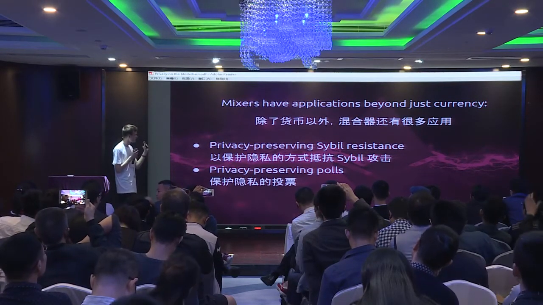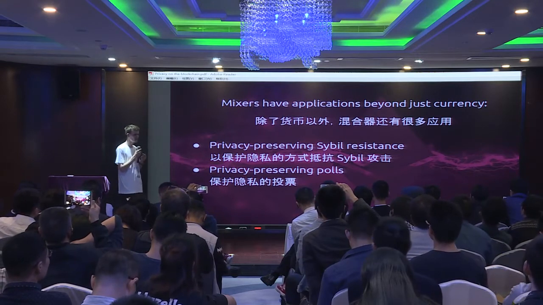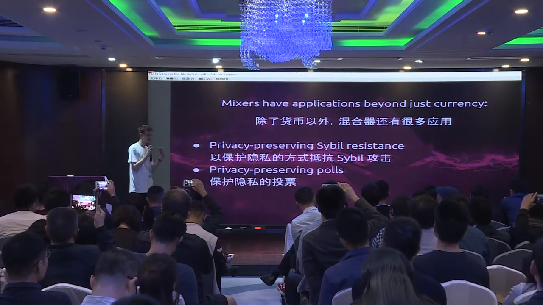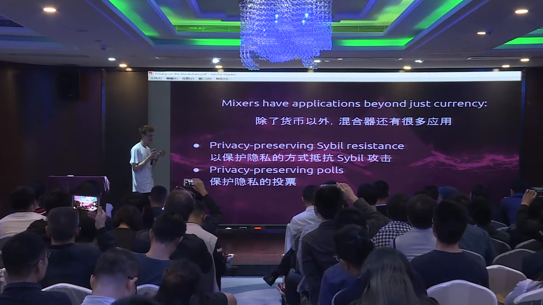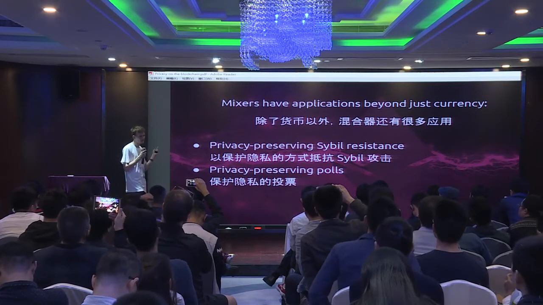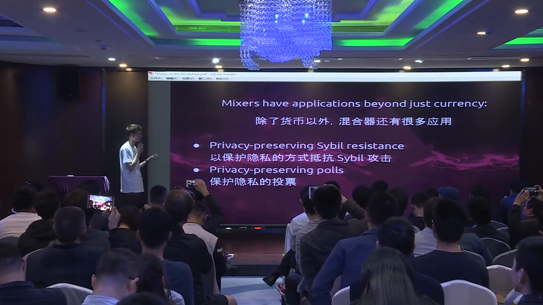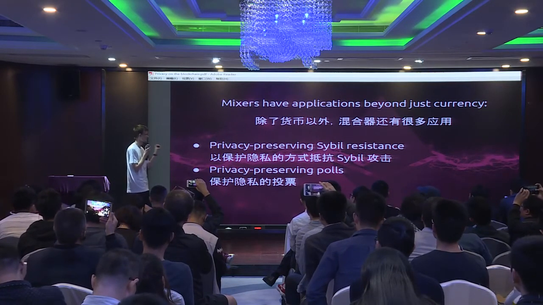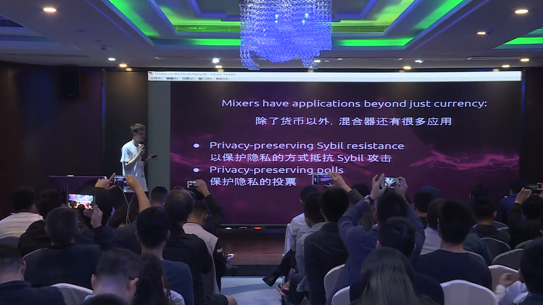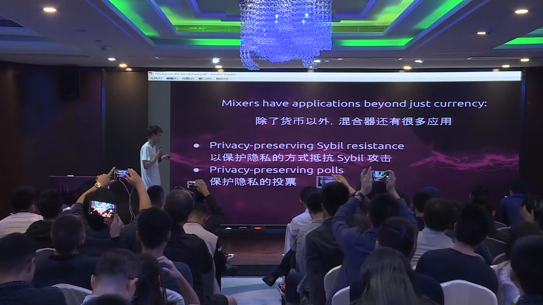So one example is that anything you can use for privacy-preserving cryptocurrency can also be used for privacy-preserving solutions to Sybil resistance.